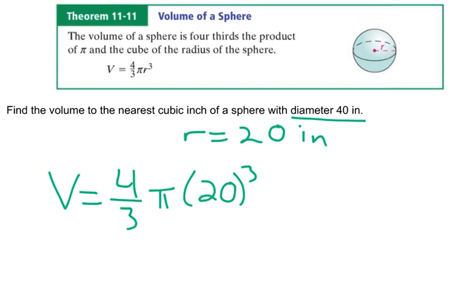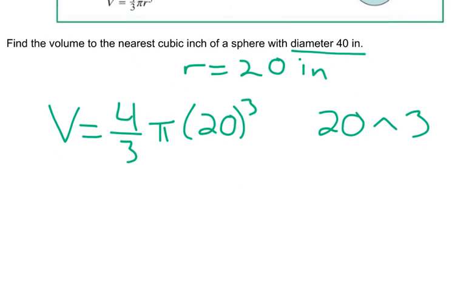power. Now, on your calculator, what I usually do is use the button below the clear button, so 20 to the third. So if you want to calculate this whole thing, I'm going to do 20 to the third, then I'm going to times that by 4 pi divided by 3.